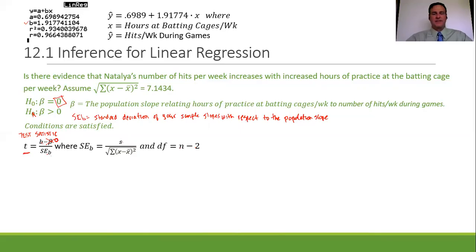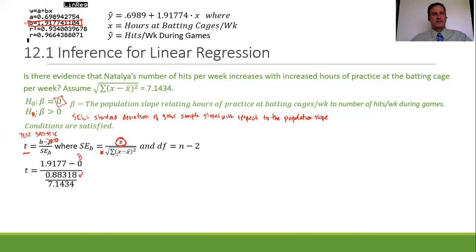If I input values, we agreed that our beta was going to be 0. 1.9177 is the b that we have at the very top. The standard error of the b, again, is s over this mini formula, and your s was that monster thing we did on the previous screen, 0.88318.